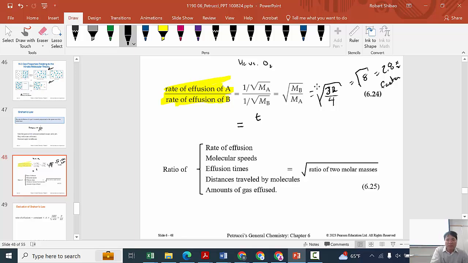So the time it takes for B to effuse versus A to effuse is directly related. The faster it is, the shorter the time. The slower it is, the longer the time. So rate and time are inversely proportional. This is the time for diffusion.